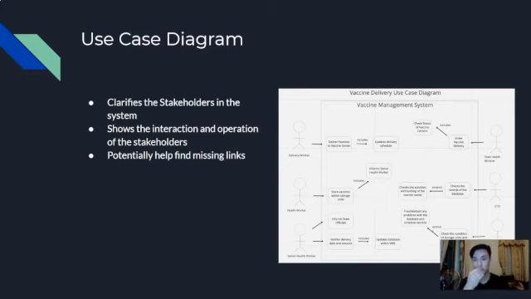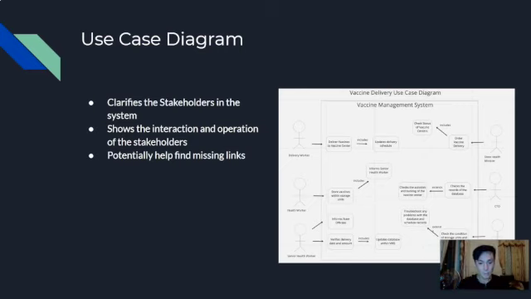This, for example, could be the state health minister has to interact with the delivery workers or the vaccine company to order the amount of vaccines needed. And then the delivery worker then has to carry that out and send it to the healthcare worker or to the storage facilities.